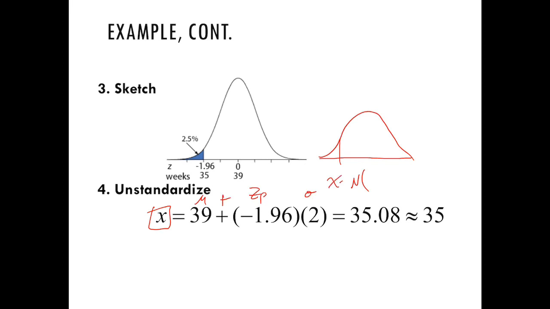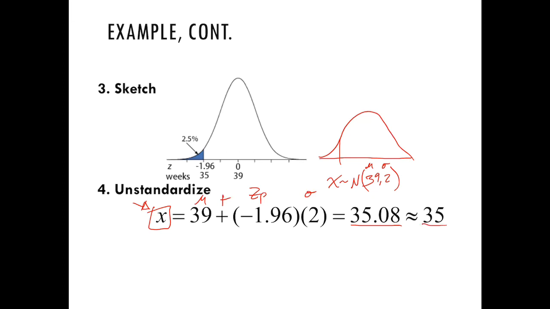We're going to let x be distributed as normal distribution of 39, 2, where our mu was 39 and our standard deviation was 2, and we plug into our value here to solve for x. When we find our z percentile, negative 1.96, multiply it by our 2, add it to 39, we're going to get 35.08, excuse me, there, I was looking all the way over here, which is approximately 35 weeks.